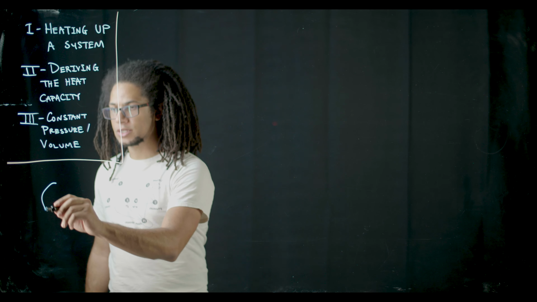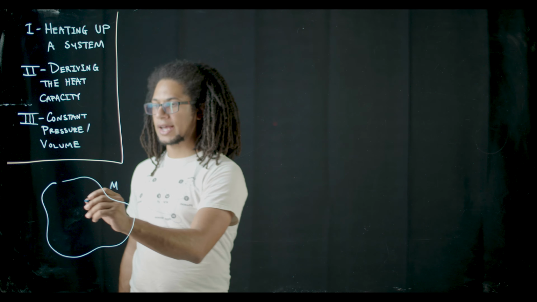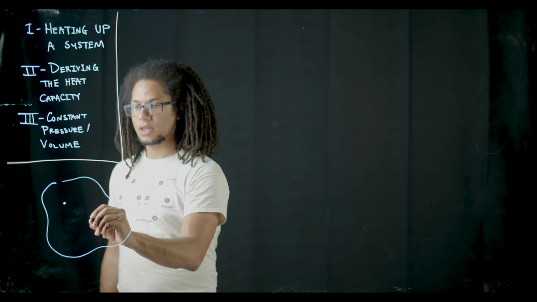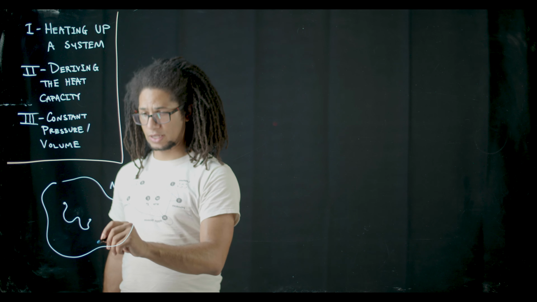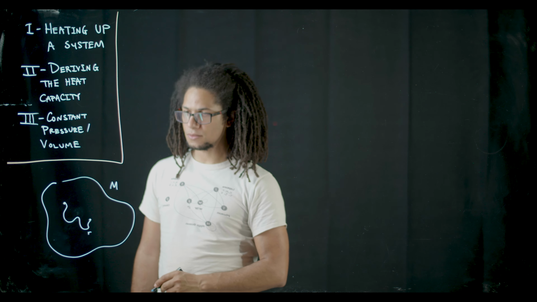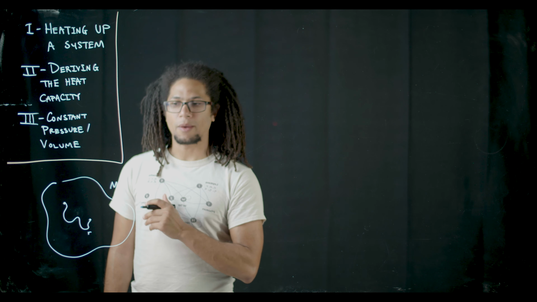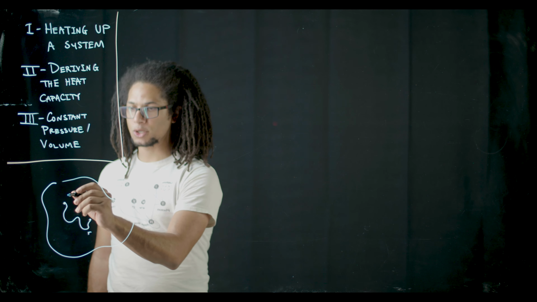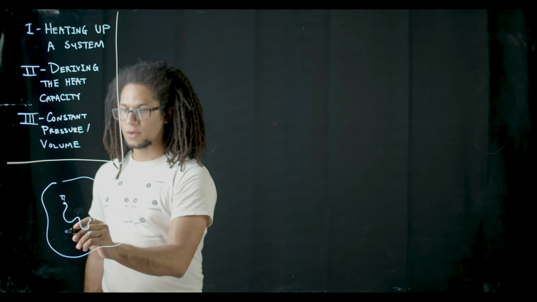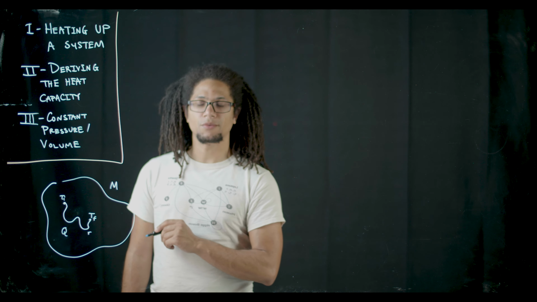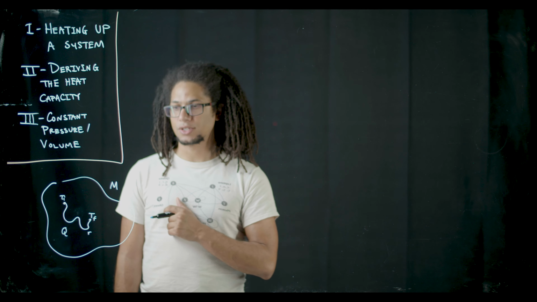So let's suppose that this is our state space M, and we're going to ask ourselves, if we want to follow this particular path in state space, which I'll call R, how much heat is it going to take to do that path, and what is the change in temperature? So if this is the initial temperature, and this is the final temperature, and this is the heat that we need to put into the path, what is the relationship between Q and delta T?